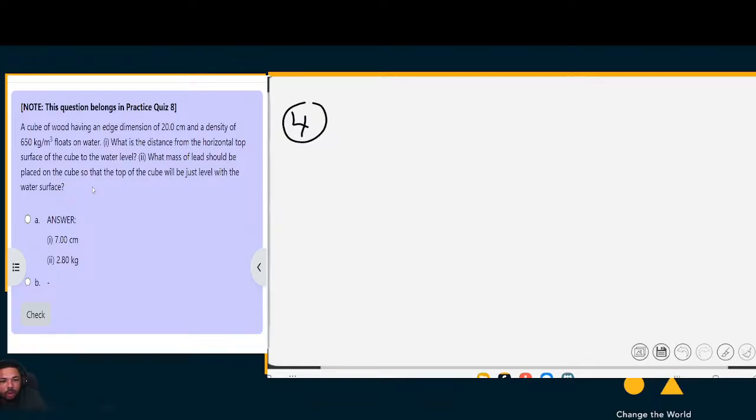They want to know the distance from the horizontal top to the water level. Okay, we know that the buoyant force B is equal to the density of water times the volume of the object, that's the amount of water displaced, times g, the gravitational acceleration.